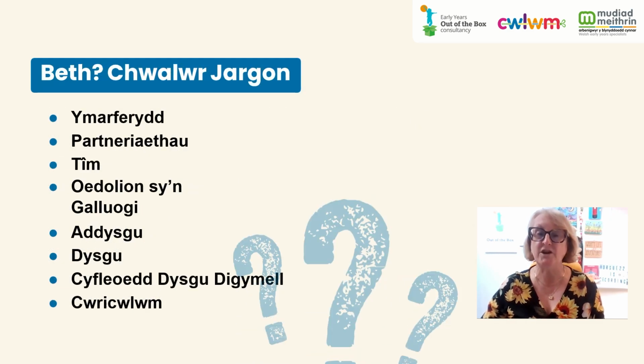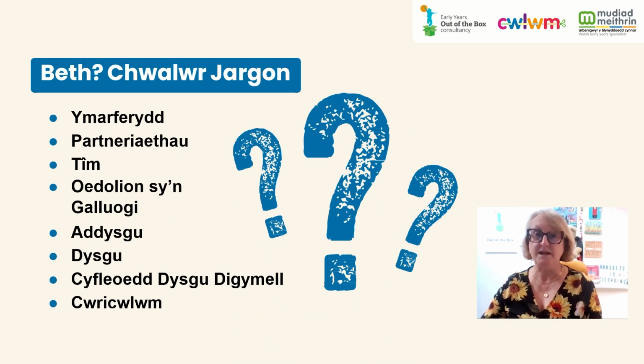So to help us on our way with being objective and not making assumptions, we need to think about the language that we use. Now, I talked about this a bit in session 2, but we use a lot of jargon. And as you move through these sessions, start to reflect on the words that we use. This is just a short list.